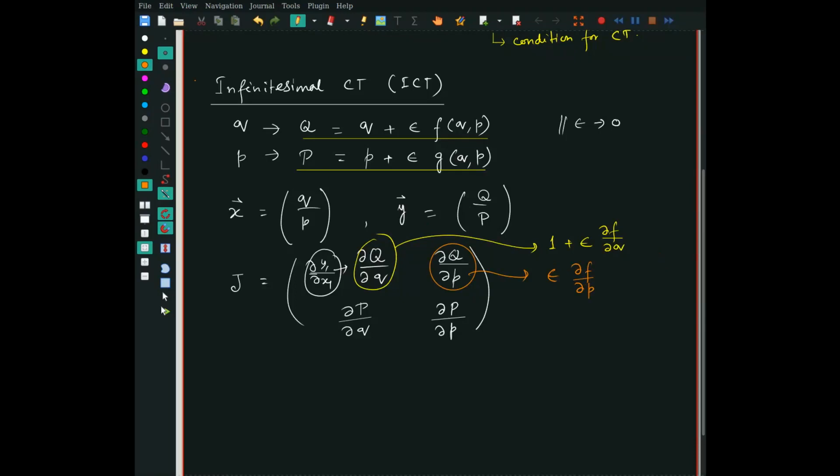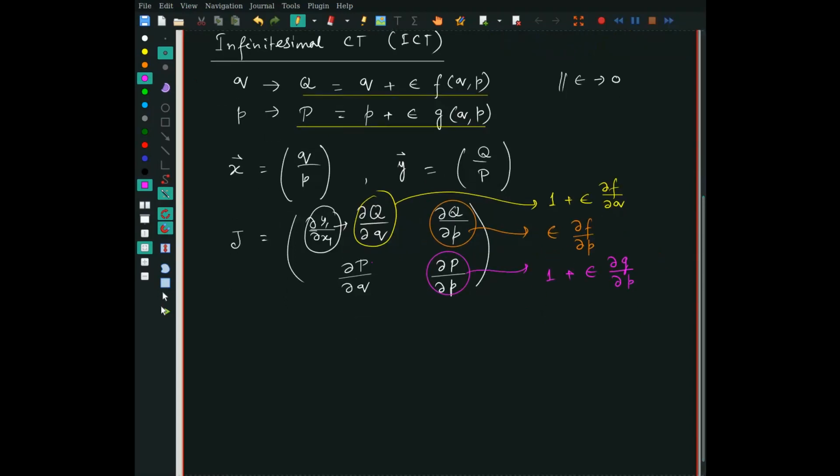Then del P over del p is 1 plus epsilon del g over del p, and the last one, del P over del q, is epsilon del g over del q.